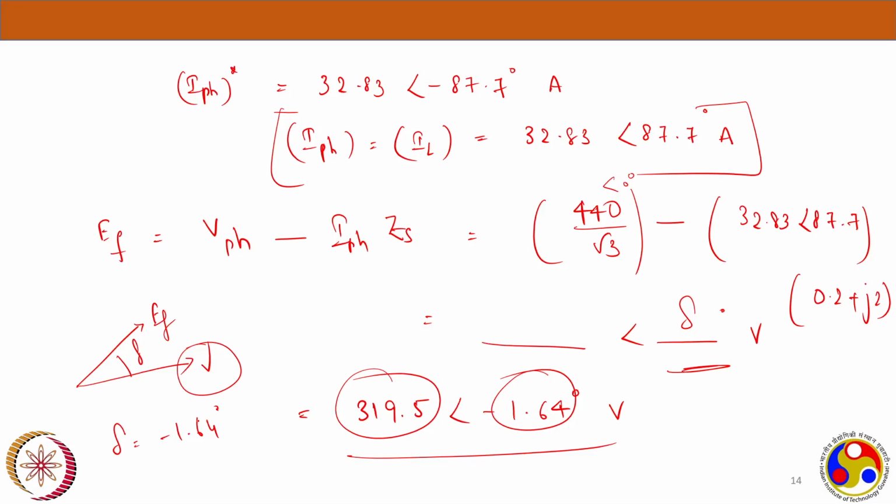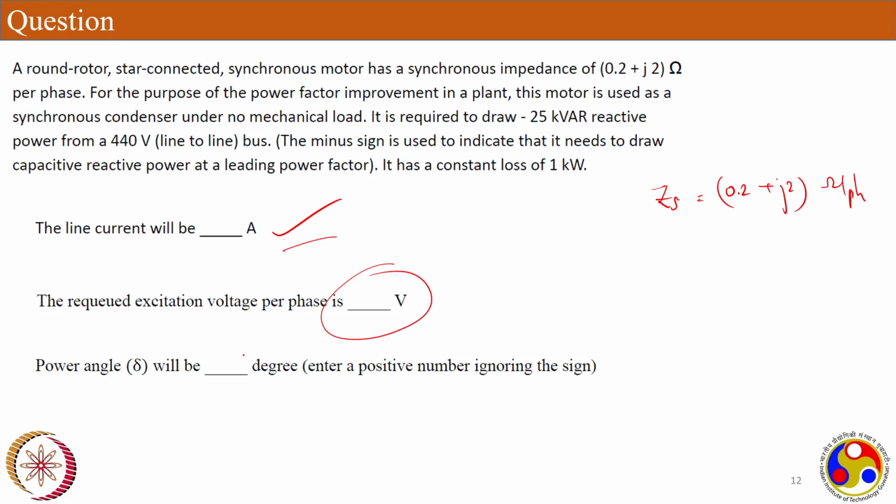The line current is asked in amperes and the required excitation voltage per phase. So you can just write the magnitude of amperes here and the magnitude of the voltage here, and for the power angle delta, we just have to enter the positive number in degree. So you just have to write 1.64. That should be the solution for it.